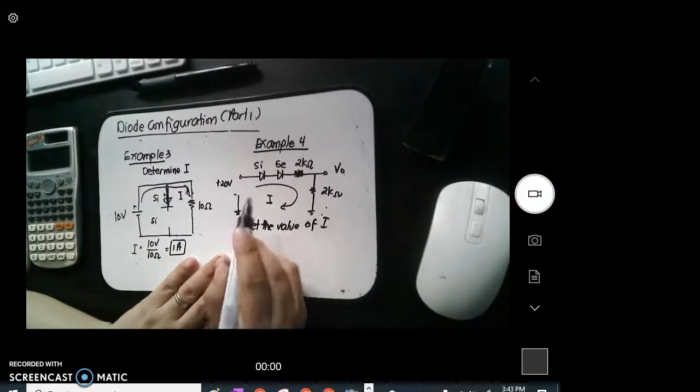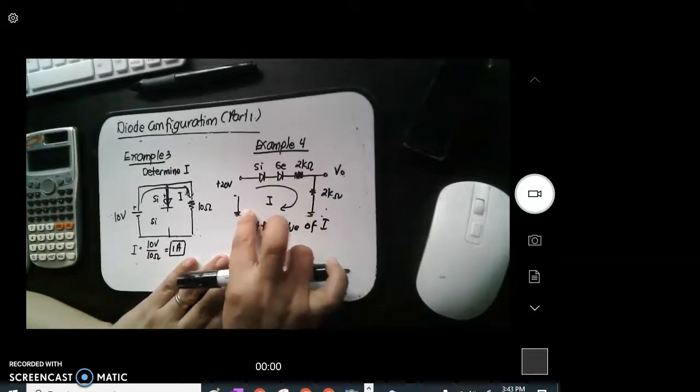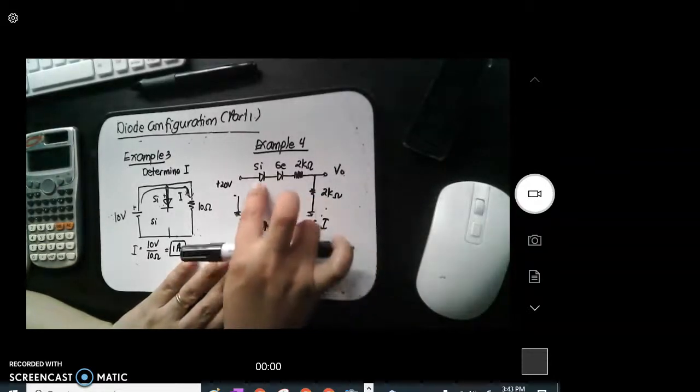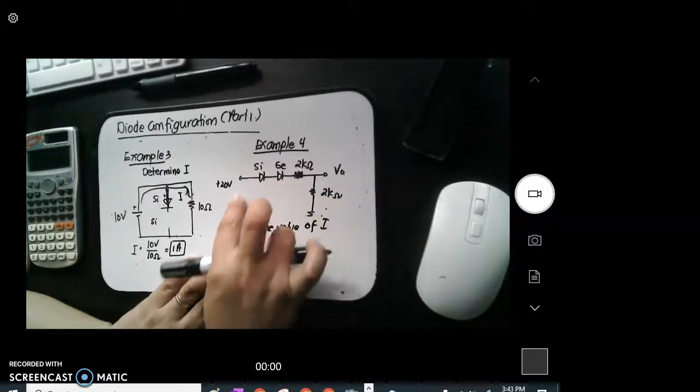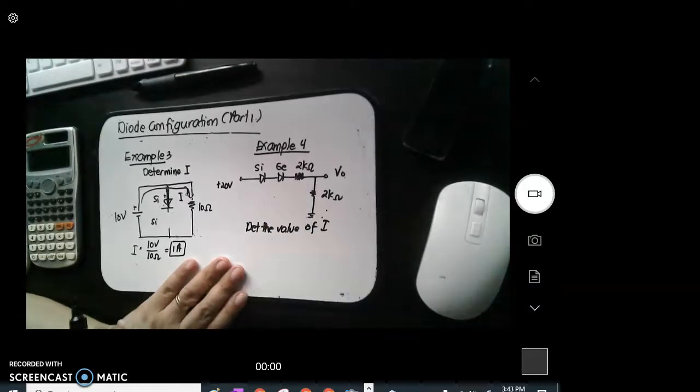So, this is ground and ground. So, this is just a closed loop. Remember, we are in electronics, and in electronics, as much as possible, we consume less space. And that's the reason why our diagram is much more compact as compared with the electrical circuit. Right?